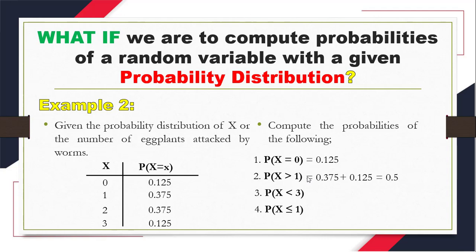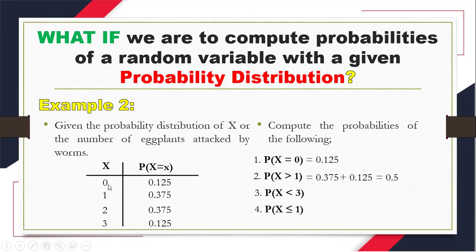Now, let us take the third example. Suppose we are asked to find the probability that X is less than 3. What is the probability that the number of eggplants attacked by worms is less than 3? Again, we follow the same process. We determine the numbers less than 3 and add all the probabilities corresponding to those values.